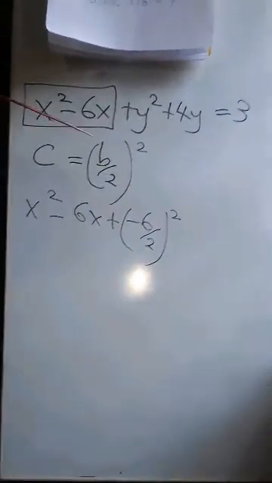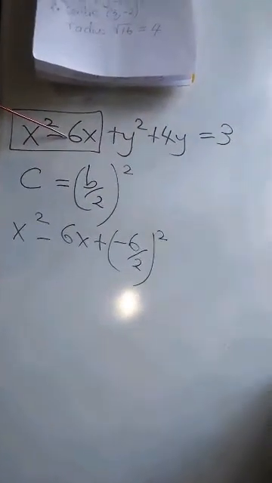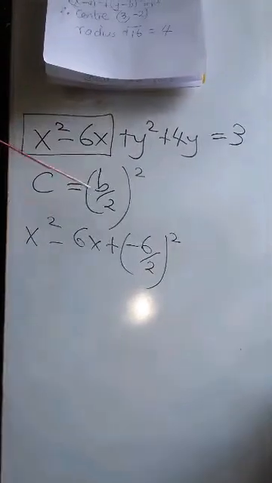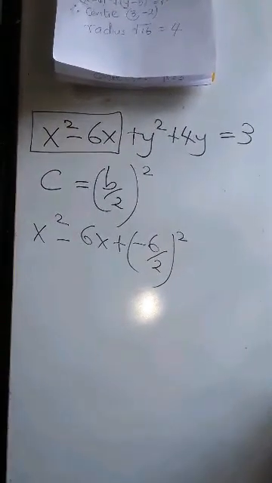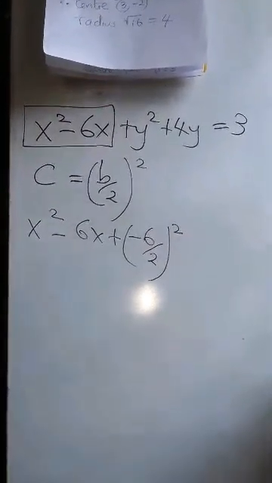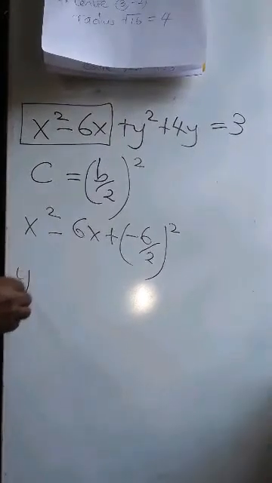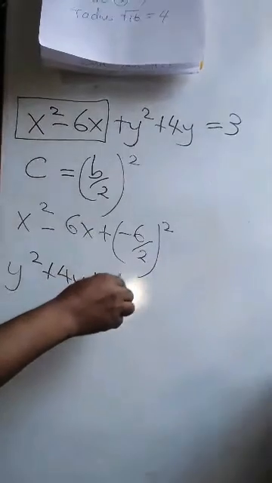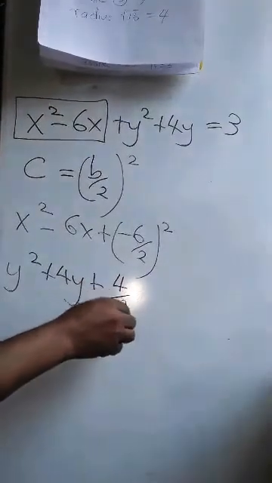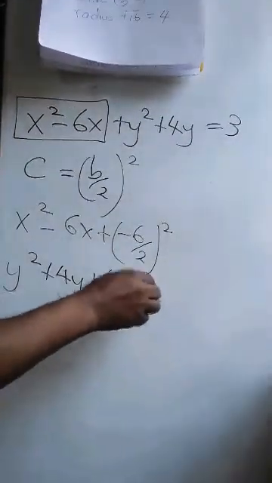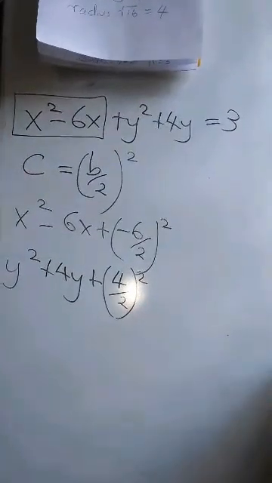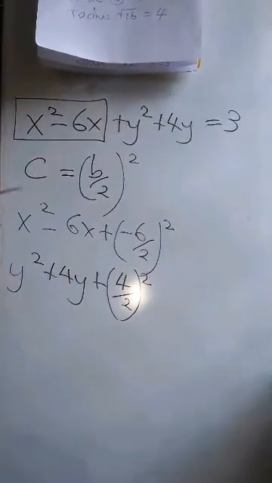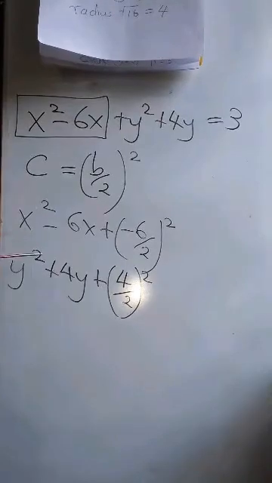So you use b, which in this case is negative 6, divide by 2 to create the part C. In the same case, you take y squared plus 4y, you create a C by taking b over 2, then square. And therefore, this is the method of completing the square.